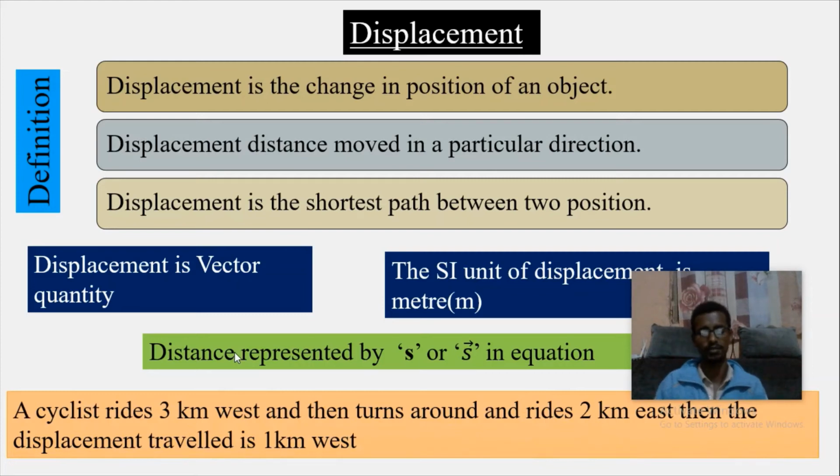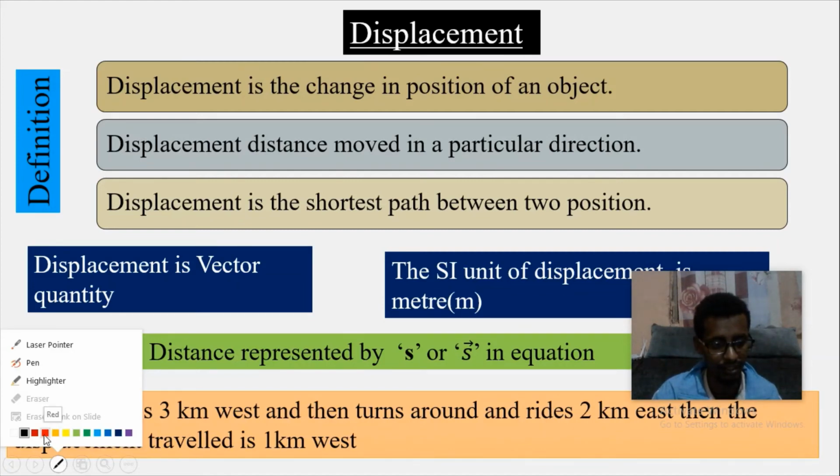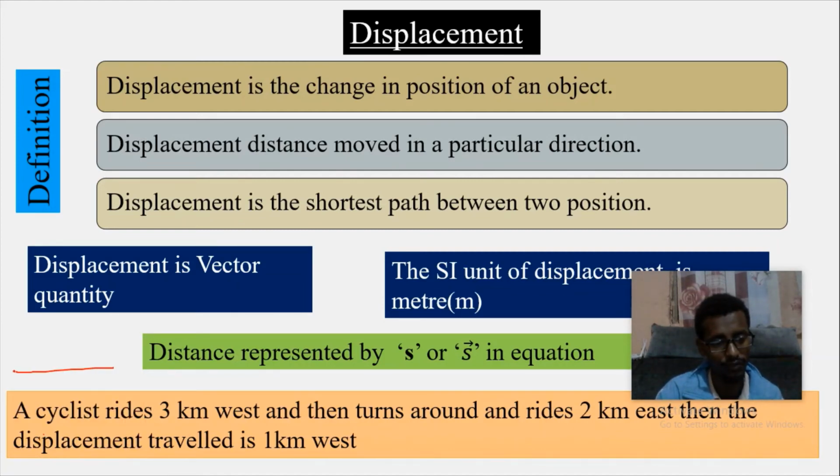Let us come to example 2.1 again. Let us use our pointer again. If the cyclist moves 3 kilometers to this side, and turns again and moves 2 kilometers here. We have said that this one is point A, this one is B, and this one is C. Now displacement is the distance from A to C only, which is this one.